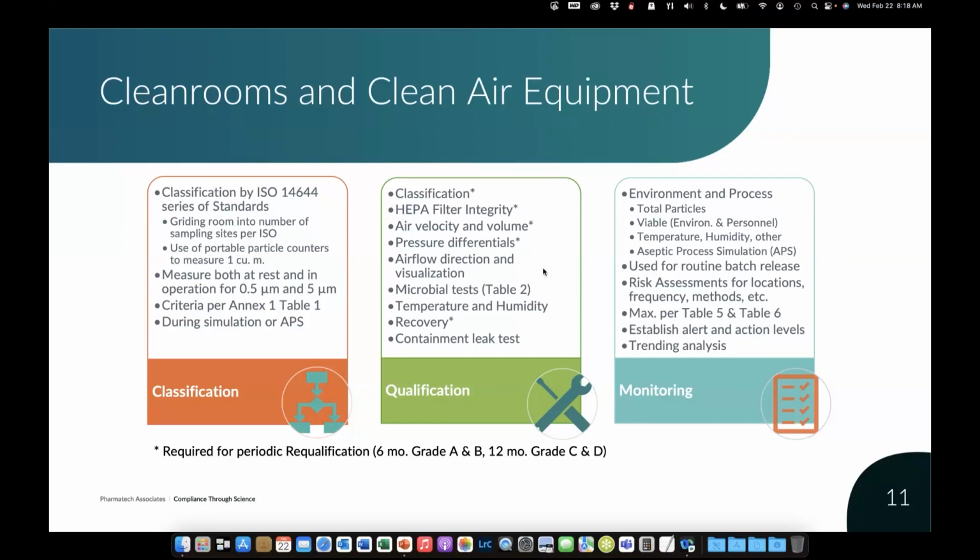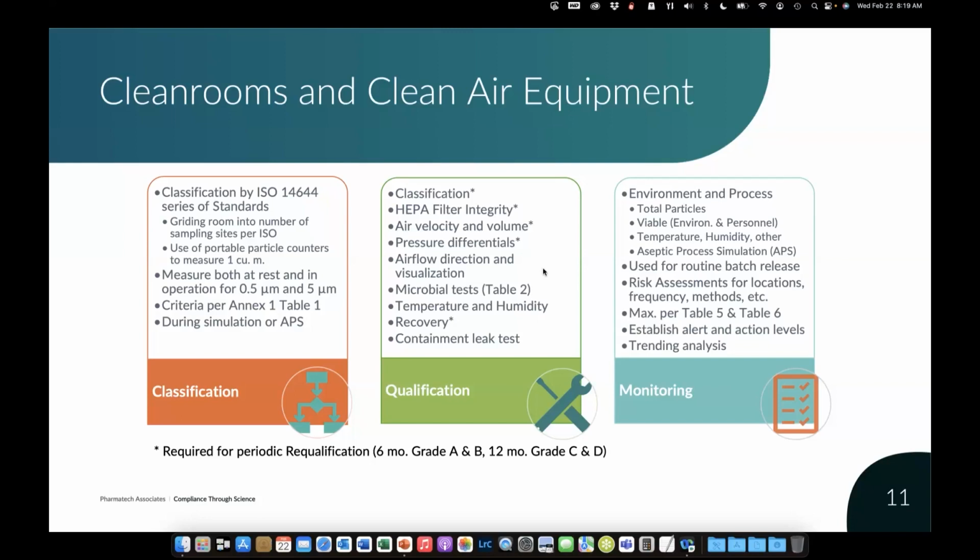Finally, I want to talk about monitoring. Monitoring is what we do essentially every day when we do production. We need to do certain monitoring for our contamination control. And the main aspects of that are the environmental and process monitoring, which include, of course, total particles, our viable monitoring, both for the environment and the personnel. We're going to maintain and monitor temperature and humidity, and potentially other aspects of our clean room.